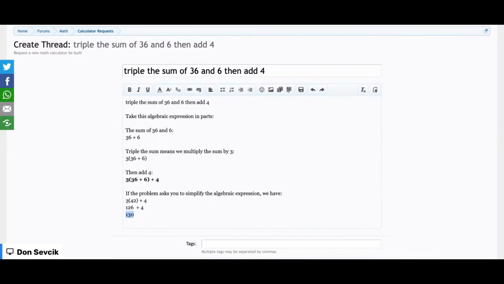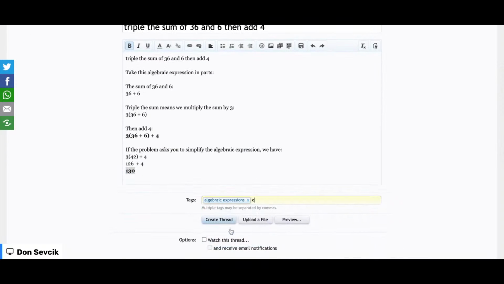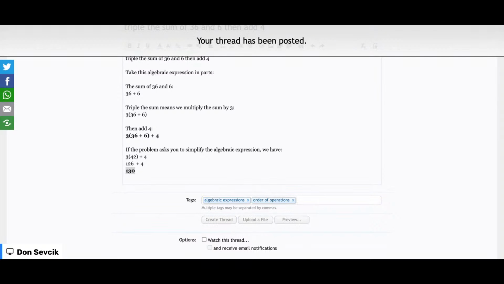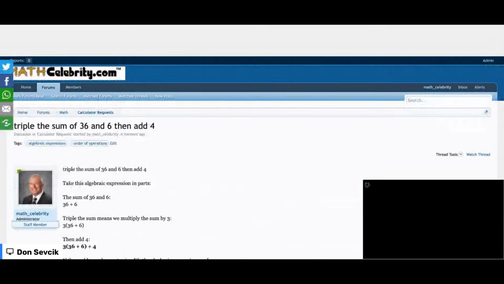So 108 plus 18, yep, 130. So we've got algebraic expressions, order of operations. Done. All right, what else we got?